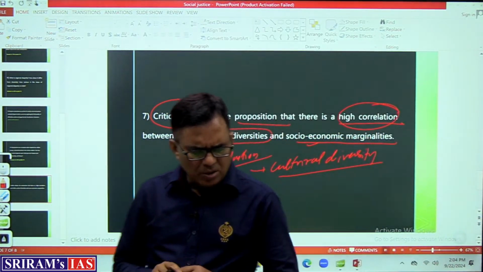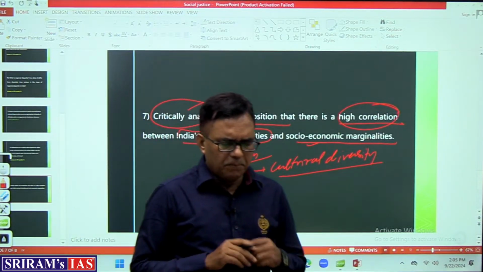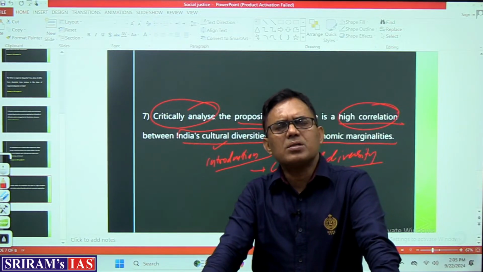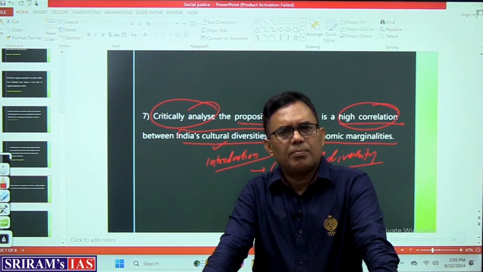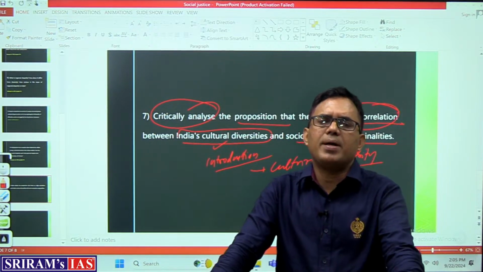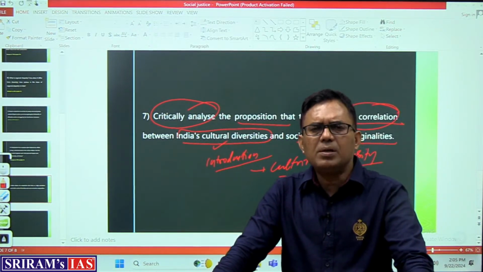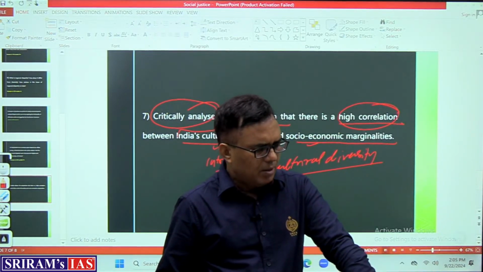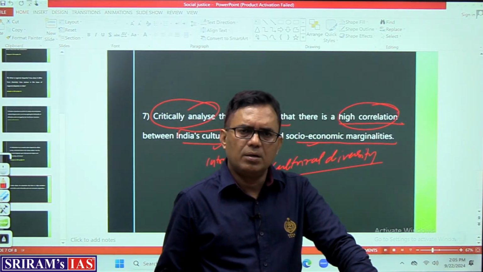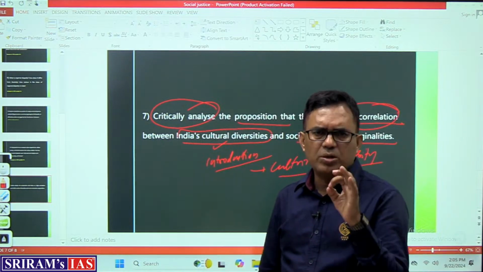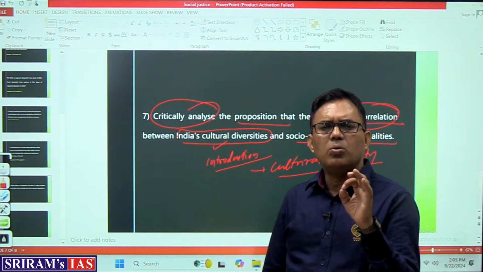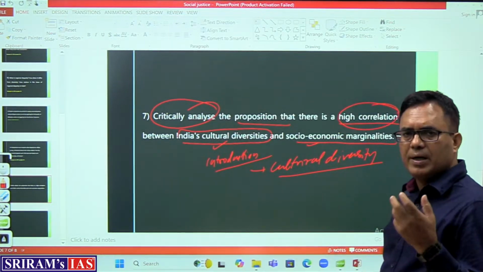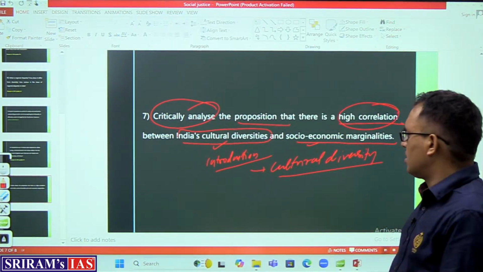Cultural diversity means the existence of multicultural practices. Diversity means multiplicity. So when you talk about cultural diversity, it means multiple cultural practices, values, norms and ways of life found in society. It involves recognition and respect for different ways of life, different cultures, modes of living, etc.